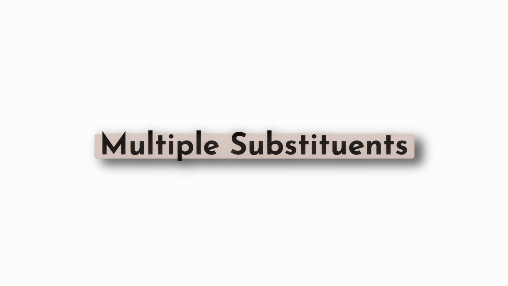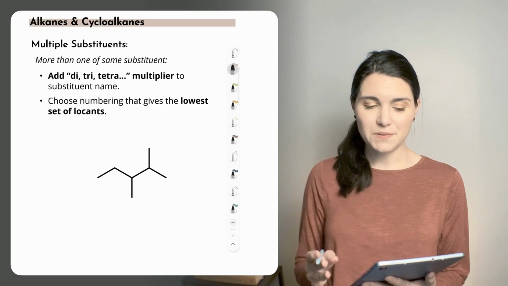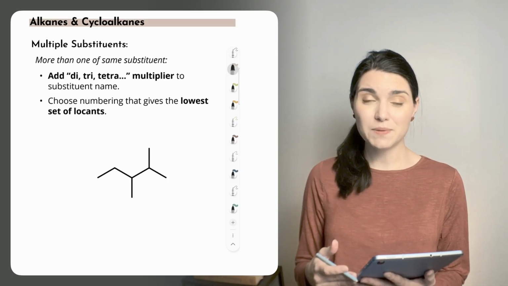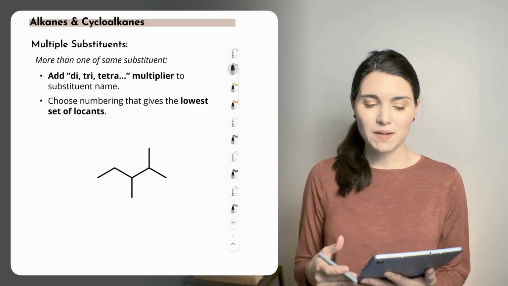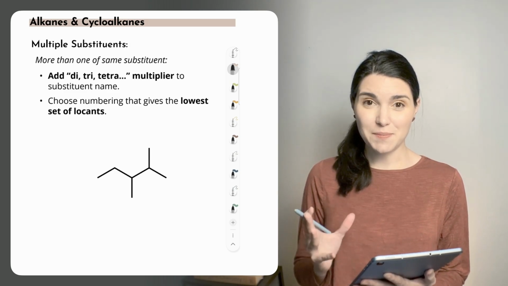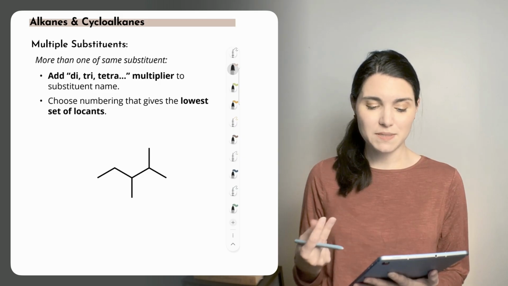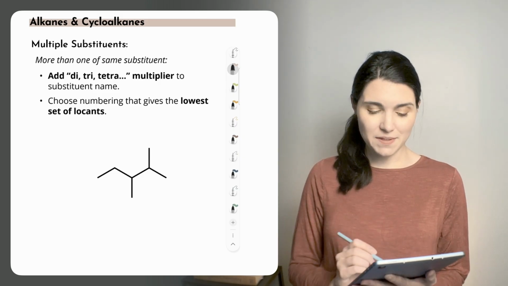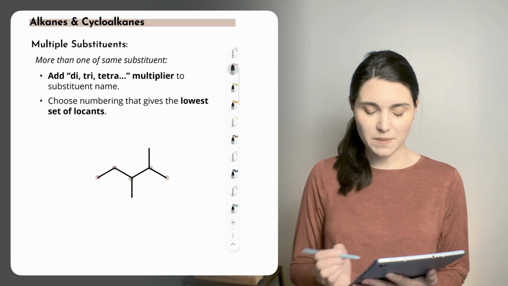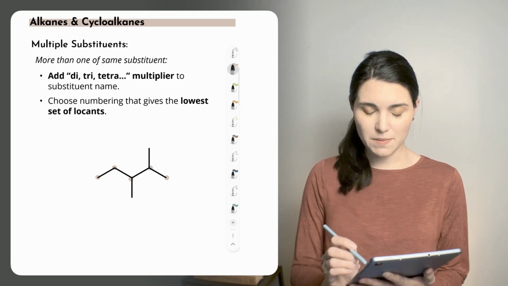When we have more than one of the same substituent on a molecule, we add what's called a multiplier to the substituent's name. We'll add a "di" if there are 2 of one substituent. For example, this molecule has a parent structure of 5 carbons, so that's a pentane.